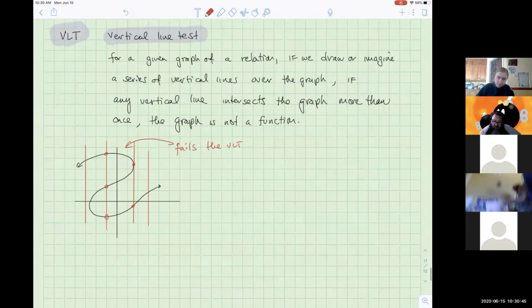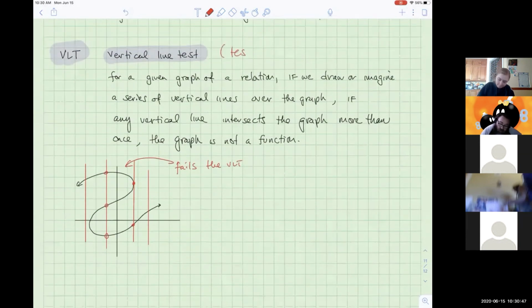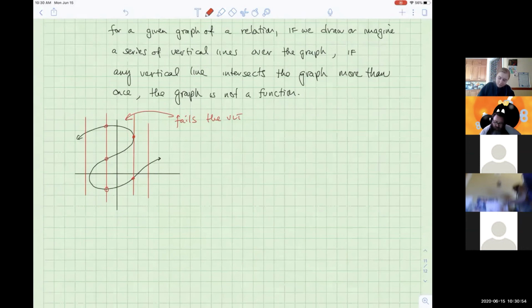And why does it fail the VLT? Well, the vertical line test is to test for functions. And so what's going on here is, if you recall, each vertical line has the equation x equals some constant. And what you're doing when you draw all these vertical lines is you're literally going through the domain. You're saying, what happens at this x value? What happens at the next x value?